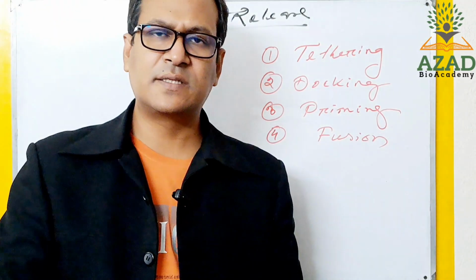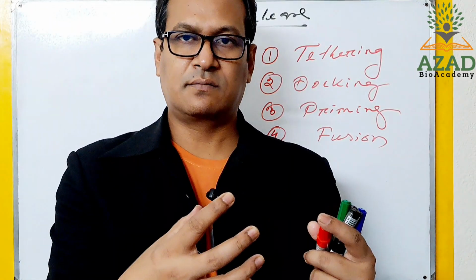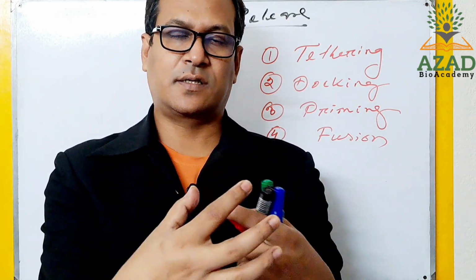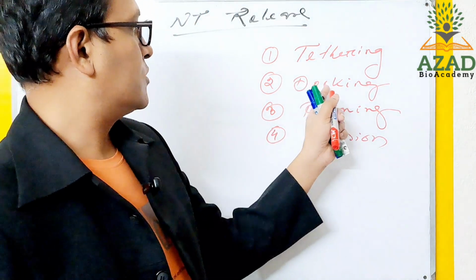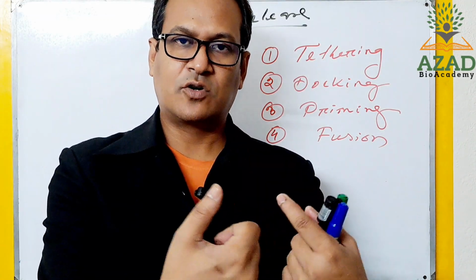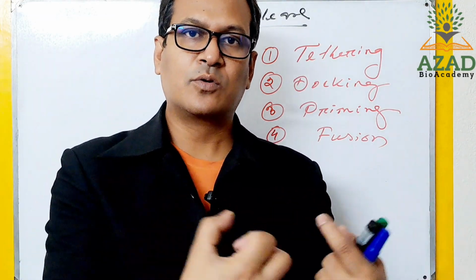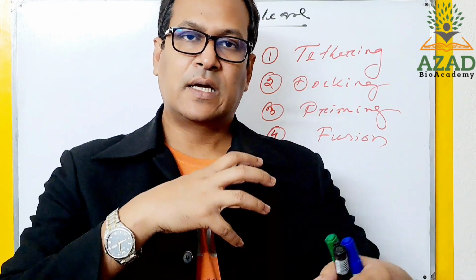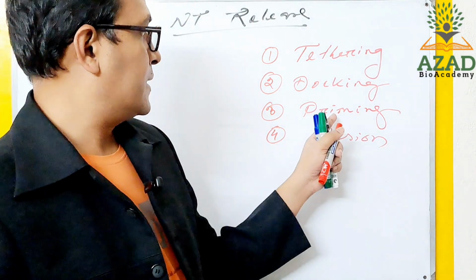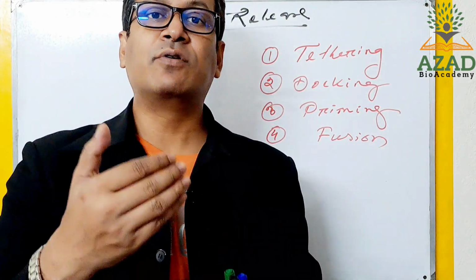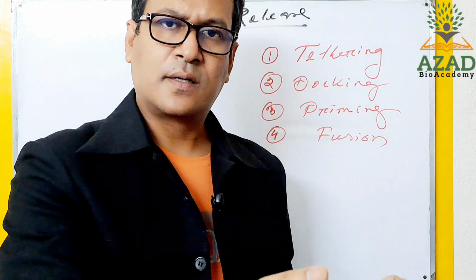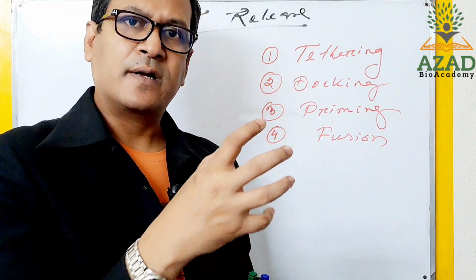Tethering basically means a loose connection, they just come close to each other but are not connected. Okay, and docking means attachment. It will attach but not very closely, not forming any complex or interaction. And priming means ready to use, ready to go. That means before the final round, just final preparation.